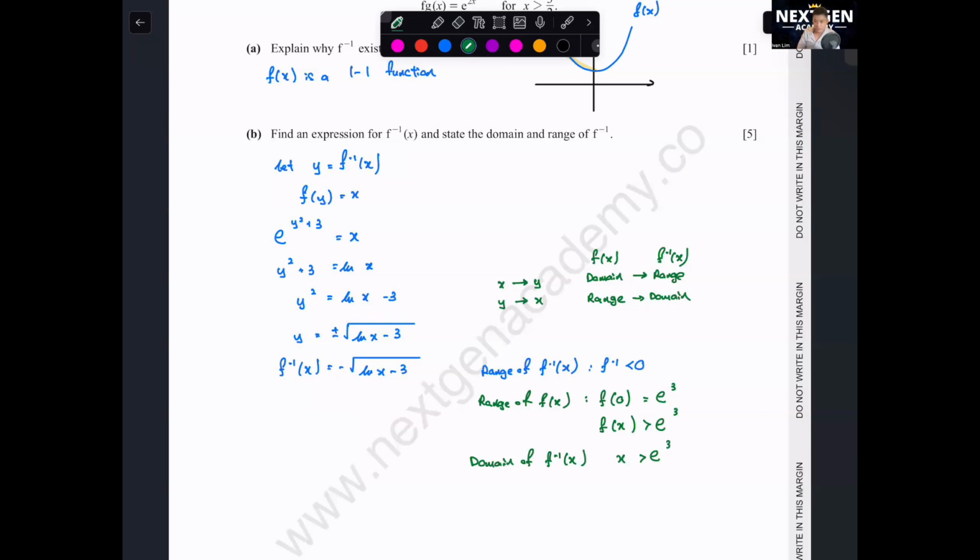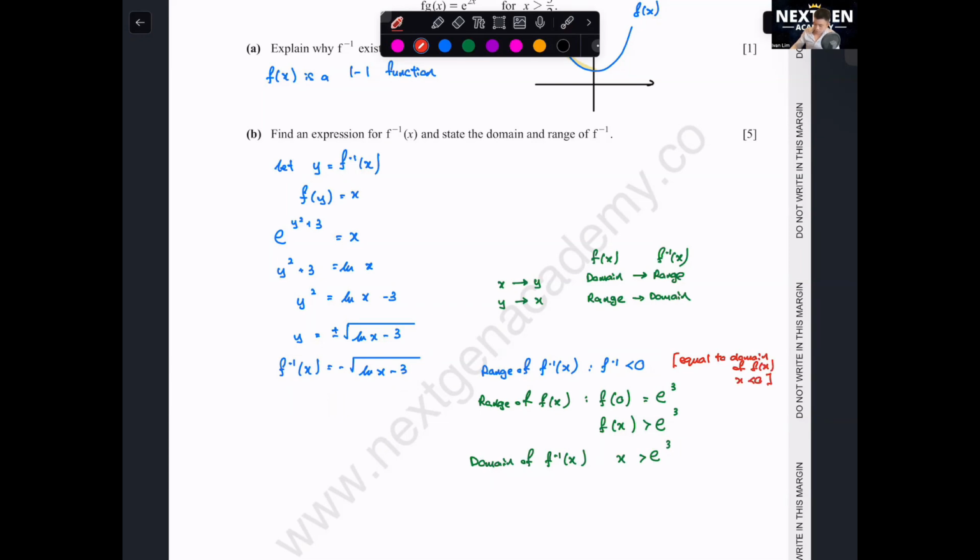Can I explain why I took the negative inverse function? Which part? This part here. Because your range of f inverse x will follow your domain of f(x), which is x less than 0.